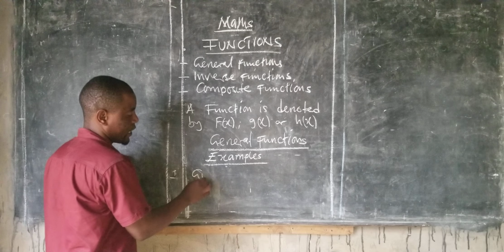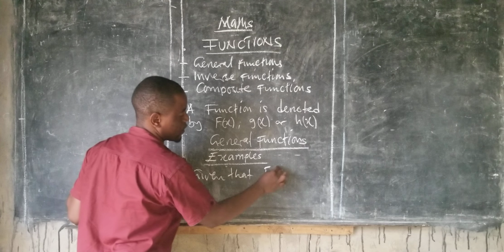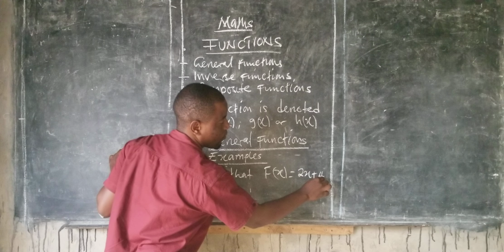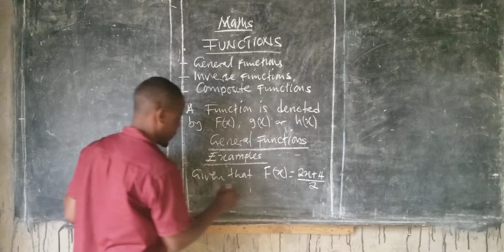Say, given that f of x is equal to (2x plus 4) over 2.